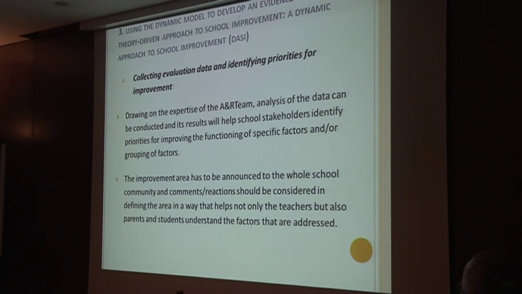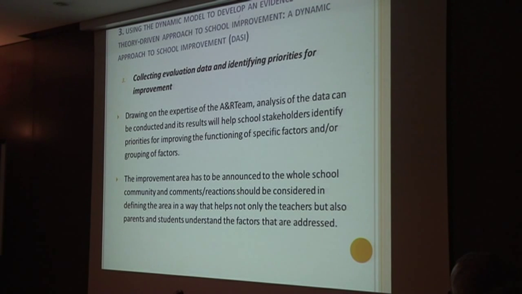They can help schools collect data. For instance, there are instruments that were used in the previous studies in order to measure these factors. These can be used to collect data about the functioning of the school level factors. The AR team can support schools in analyzing the data and identifying the improvement priority.